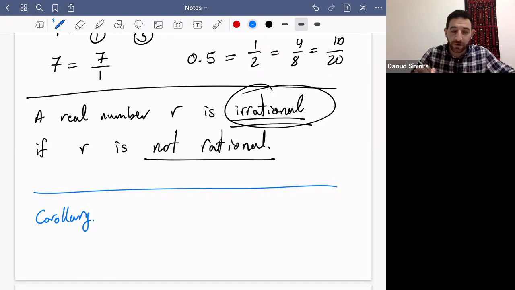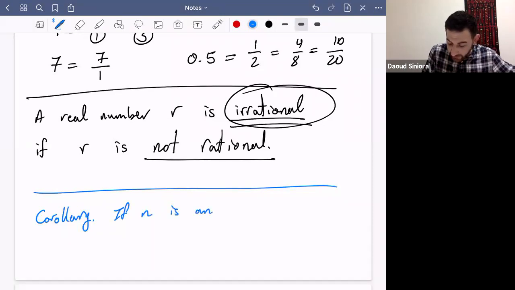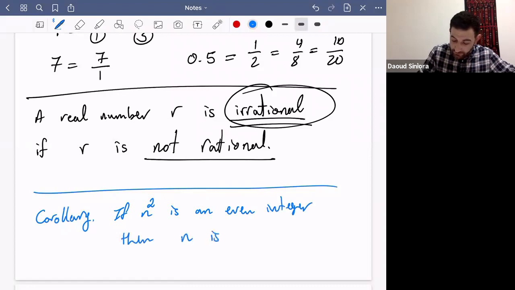And we wrote down a corollary of this theorem, its contrapositive, which says if n squared is an even integer, then n is even.